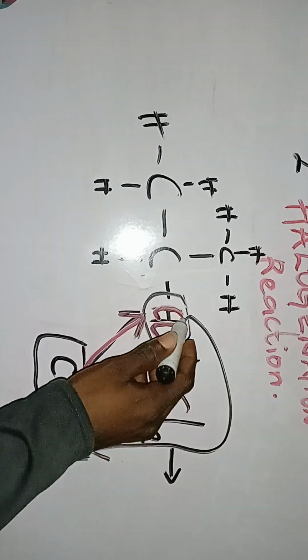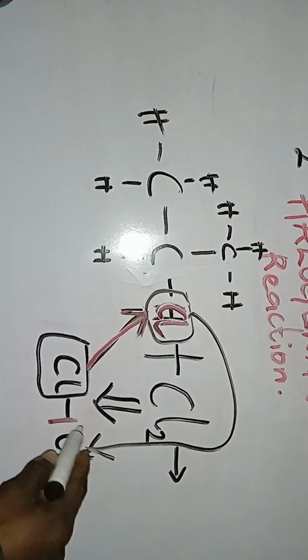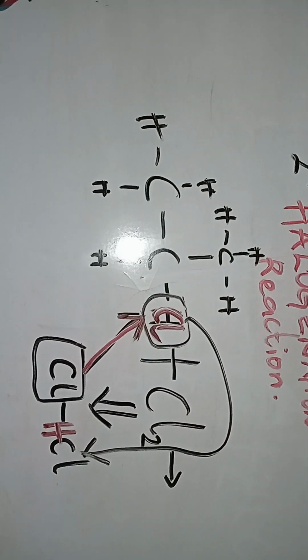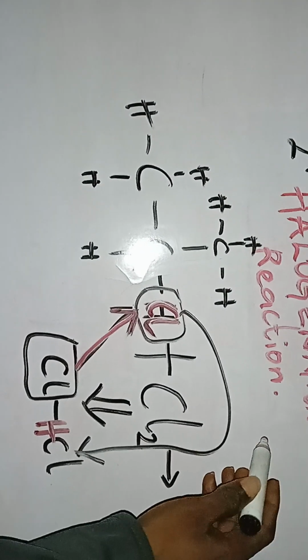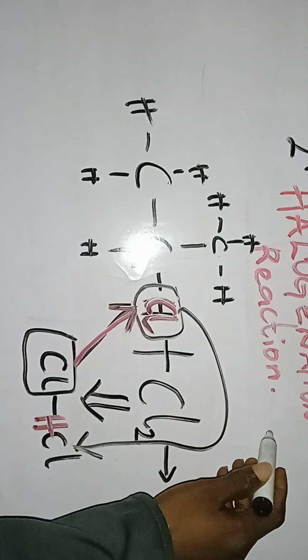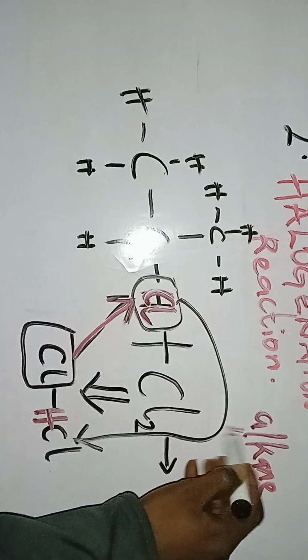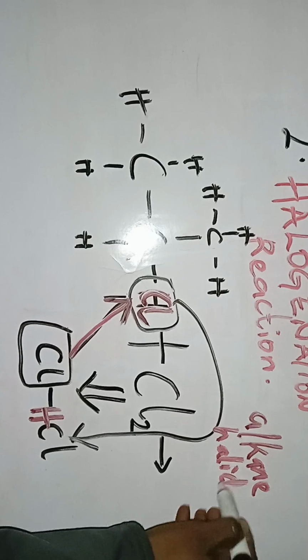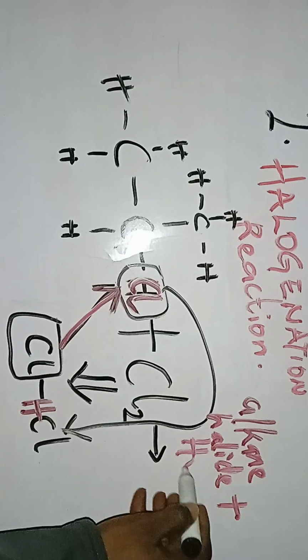Then the hydrogen that it displaces will leave, then come and meet this. So you need to know that anytime alkanes react with halogens, you will always have an alkyl halide plus a hydrohalide.